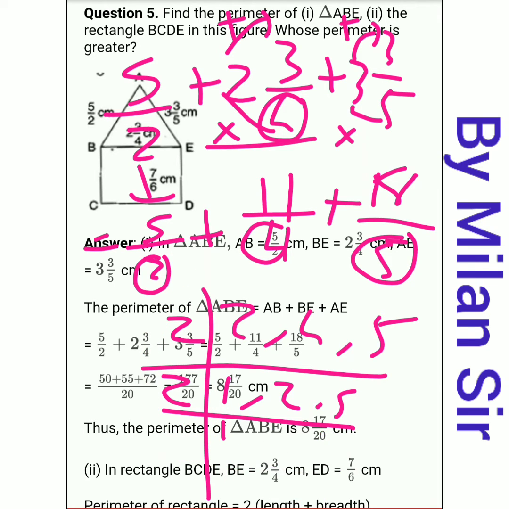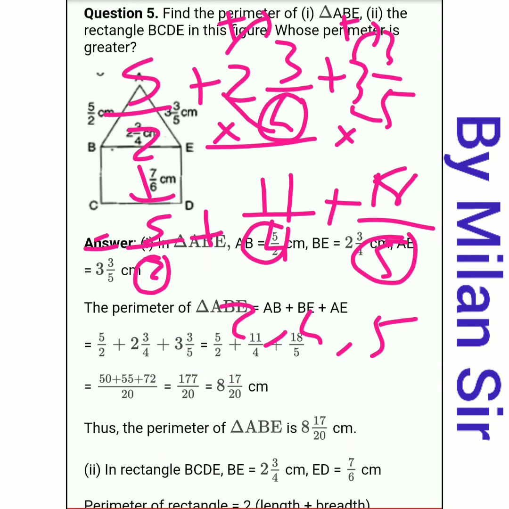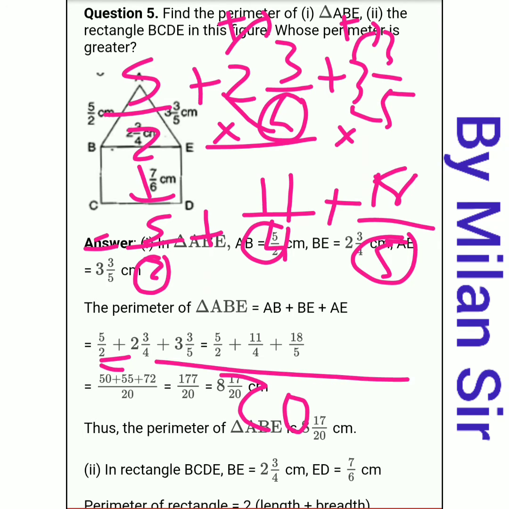So in the denominator we need to write our LCM, it is 20. Now think how we can convert 2 into 20. We need to multiply 2 with 10.